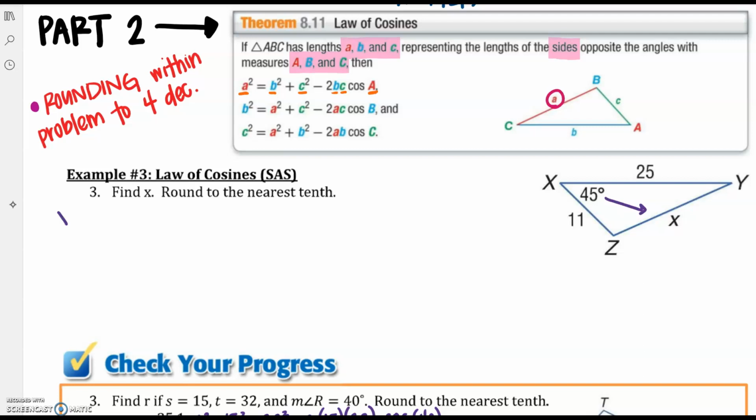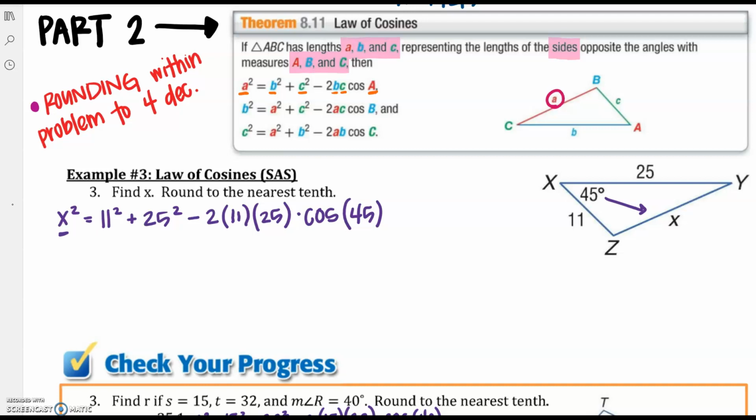So I would say x squared equals my other 2 sides squared, 11 squared plus 25 squared, minus 2, and then I'm just going to repeat those numbers, 11 times 25 times the cosine of that opposite angle. So if x is here, my angle x is going to be here, so 45 degrees.